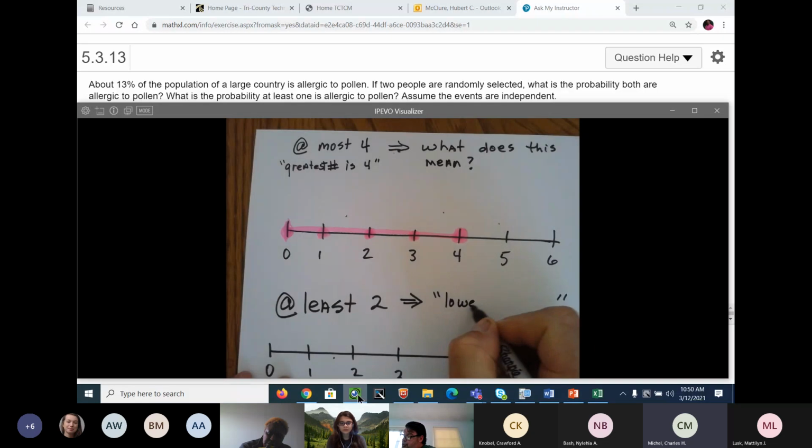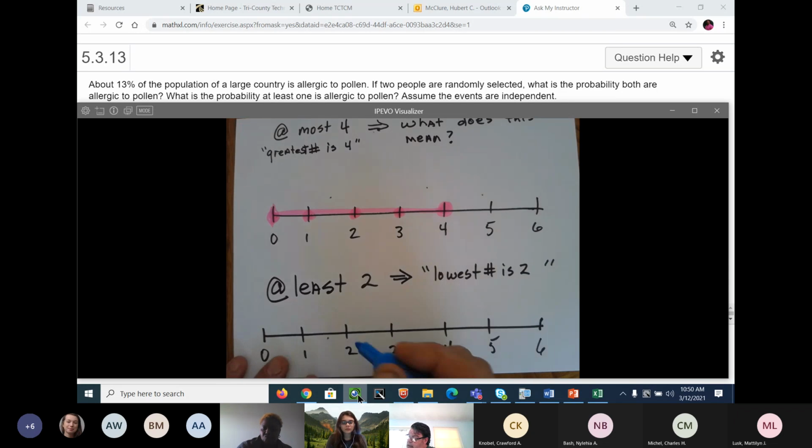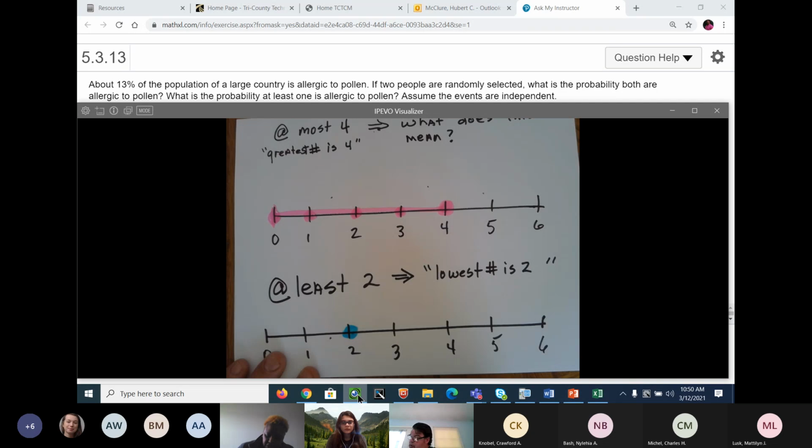So I'm going to shade 2, and I'll do this in blue since I don't use blue very much. And I'm going to highlight 2. And what numbers am I going to highlight? At least 2 means the lowest number is 2. So what does that mean? Everything to the right.